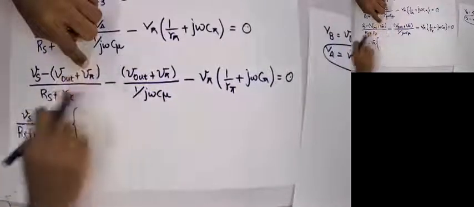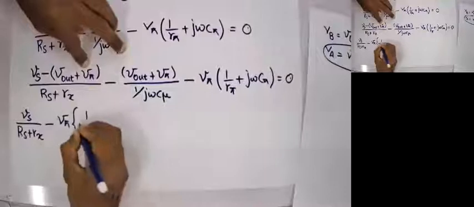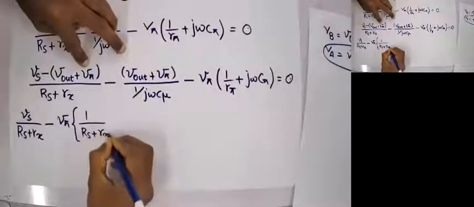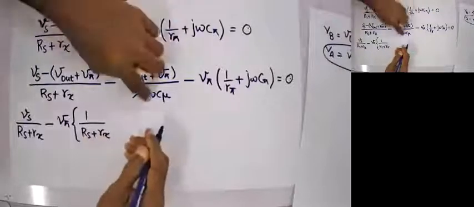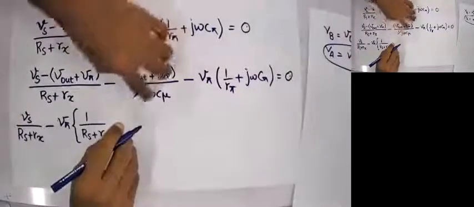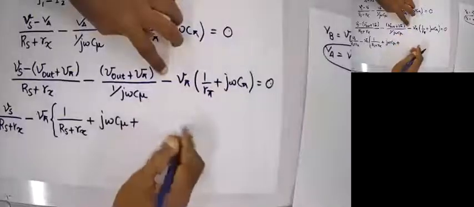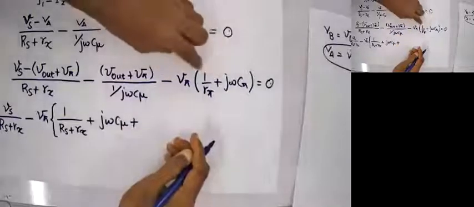So that becomes 1 over Rs plus Rx, again minus V pi into j omega C mu, plus j omega C mu. Again here we have a minus, so that becomes plus j omega C pi plus 1 over R pi, right? So j omega C pi plus 1 over R pi.